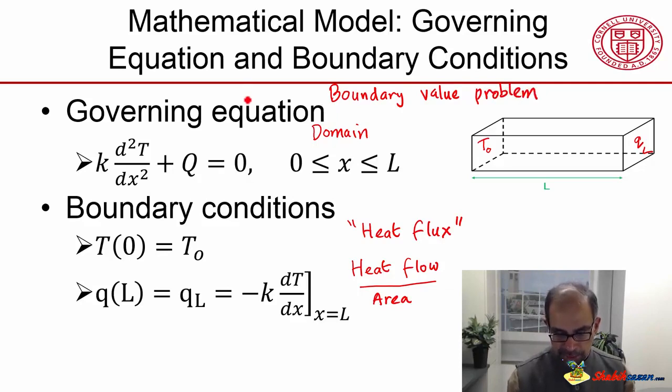It's governing equation or governing equations defined in a domain and boundary conditions defined at the edges of the domain. So to complete the boundary value specification, we need the governing equation, we need the domain, which in the tool we'll be specifying in the geometry step, and then we need boundary conditions at the edges of the domain.